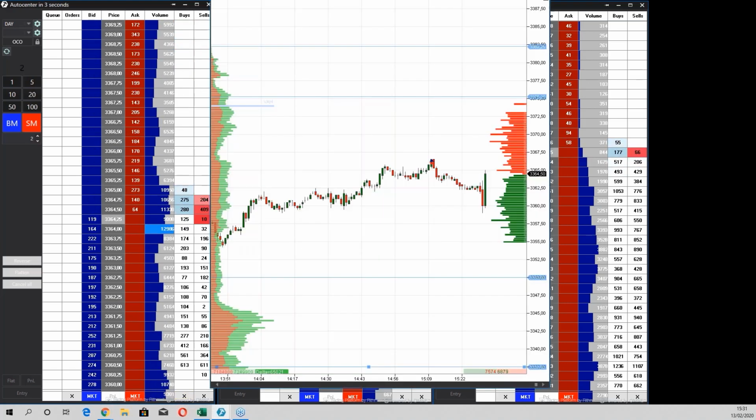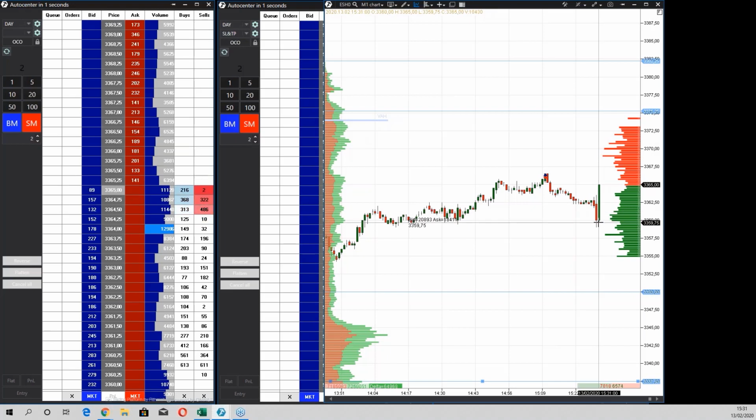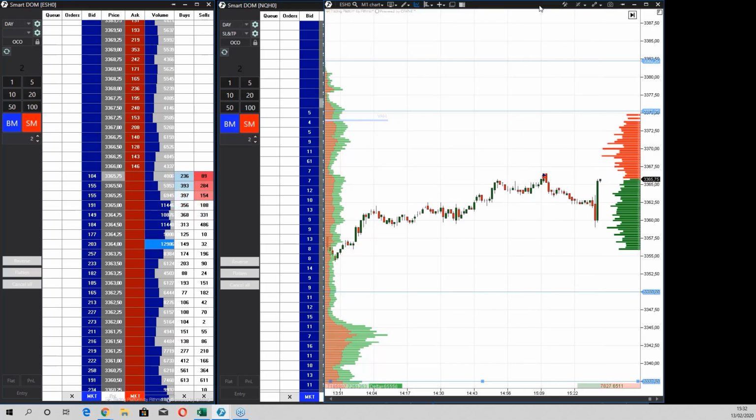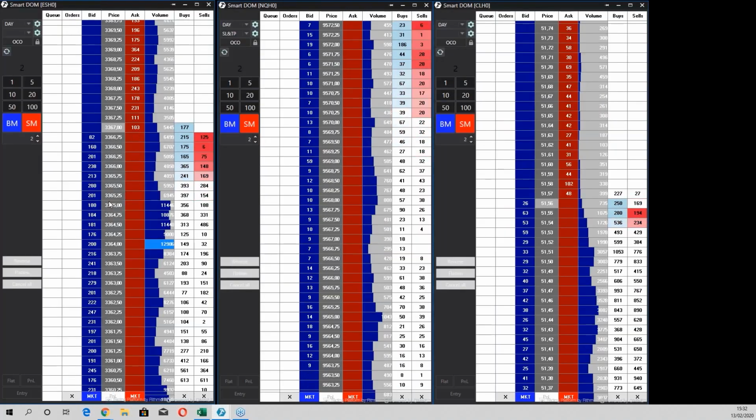Okay, so first we have a down candle, then a green one. We have one resistance at 67, the one we talked about a bit before. Let's see how it behaves.